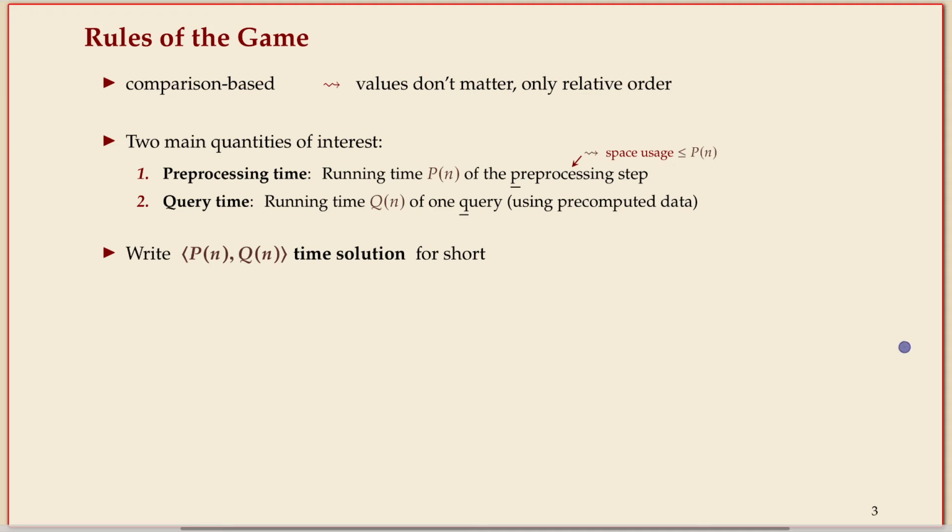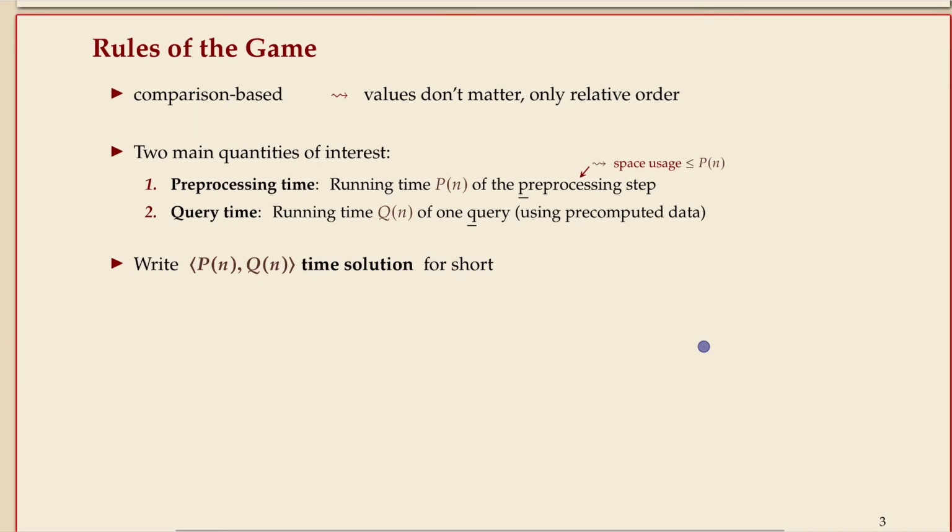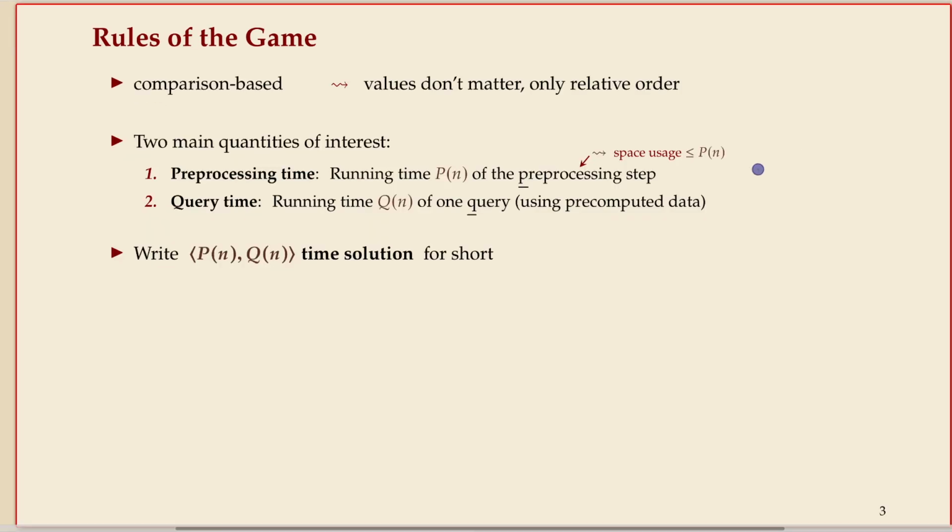It's kind of clear that if you want to make use of this pre-processing step, you have to memorize something, you have to store something. And so you can use a certain amount of space for that. We will not look at this in much detail because the pre-processing time basically bounds the space as well.